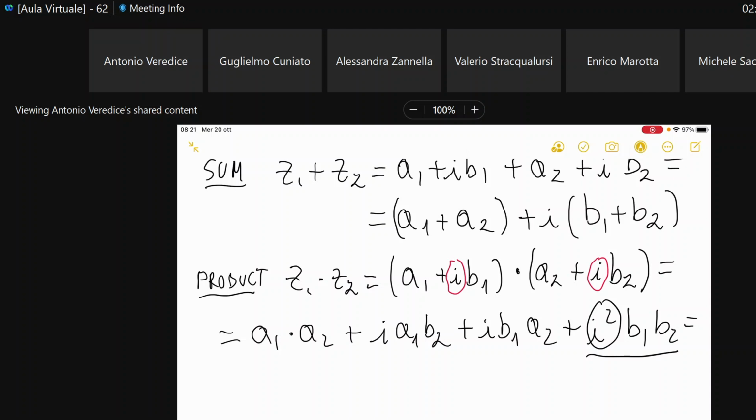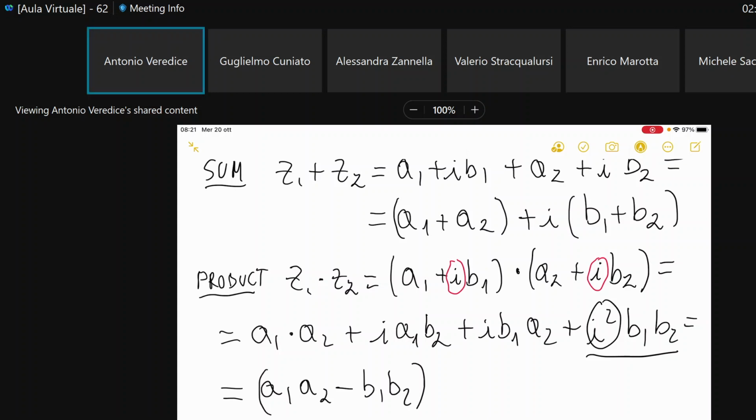So, if we want to collect the real numbers, we get A1 A2 minus B1 B2. This negative sign comes from i squared, which is -1. Plus, let's collect i times (A1 B2 plus A2 B1).